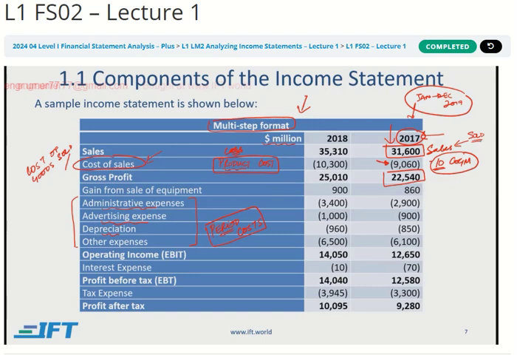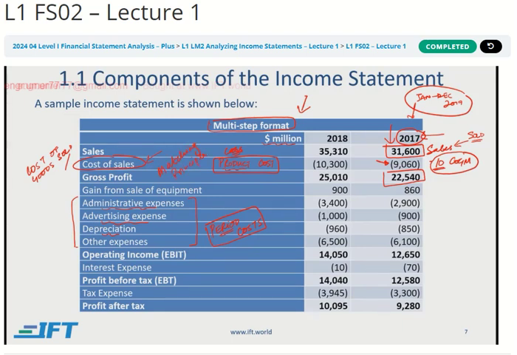The inventory which is there, which has not been sold yet, is not showing in the sales, and it is also not showing in the cost. And this is very important because this concept is known as matching principle.